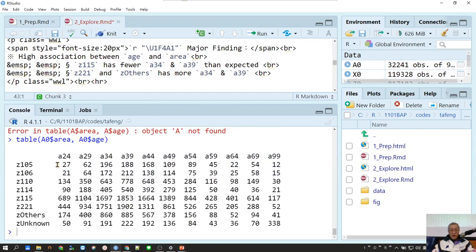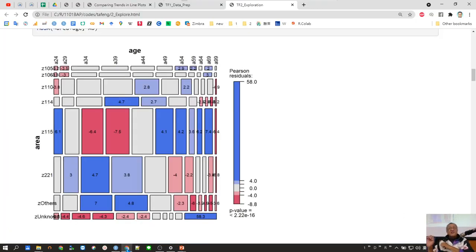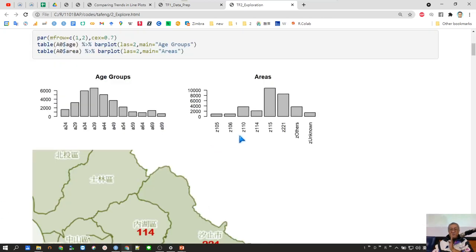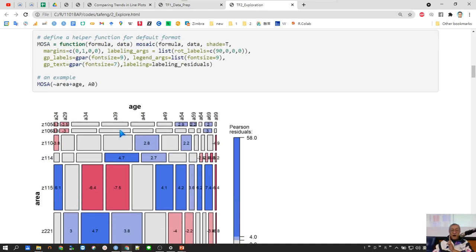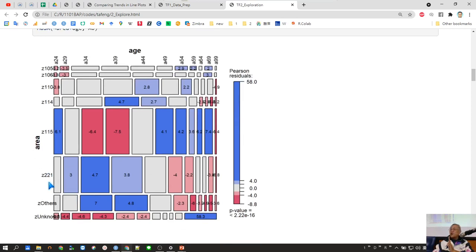So each of the boxes, the box size actually reflects the number here, okay? So the box size is easy to understand, right? Okay? And because I put area here, right? The height of each area is exactly the same as this distribution, right? As you will see, the highest area is 115, right? And the second highest is 221.